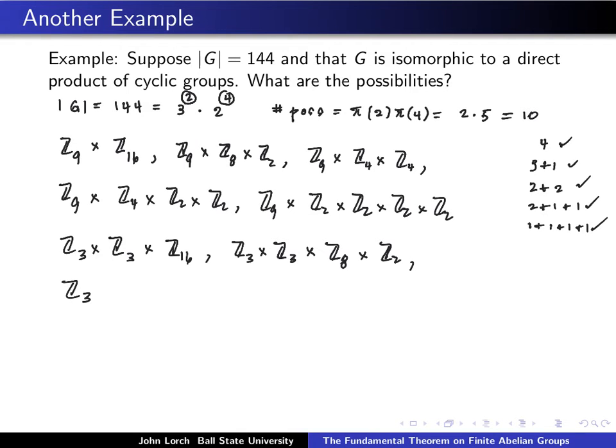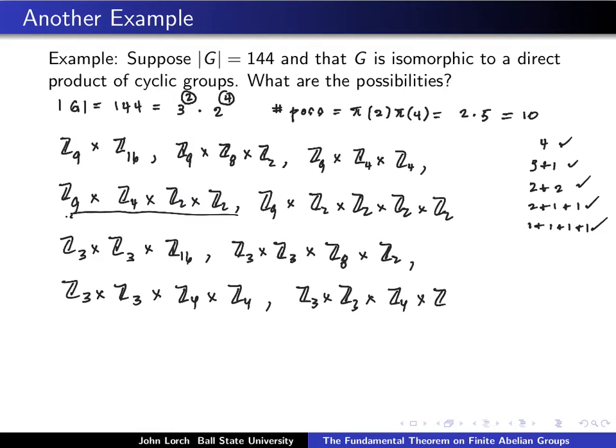So Z3 cross Z3, cross Z4 cross Z4. And now we're over to this one here. So Z4 cross Z2 cross Z2.